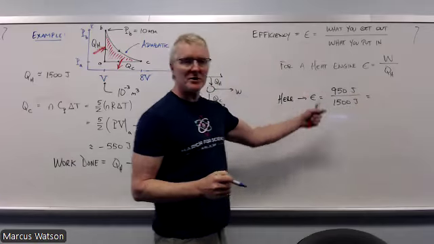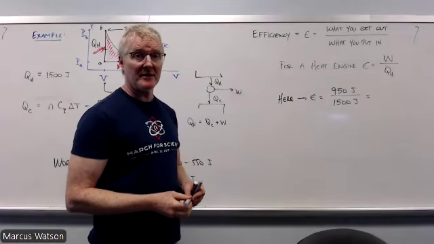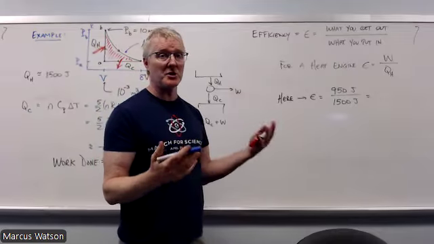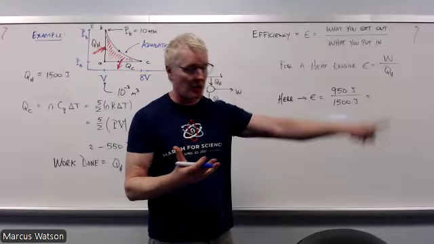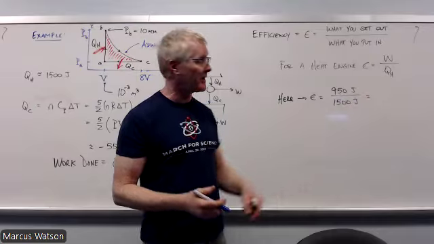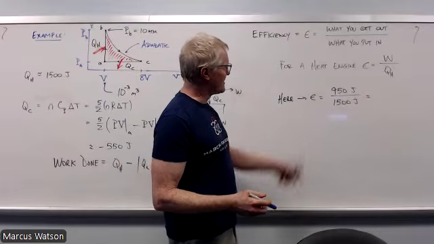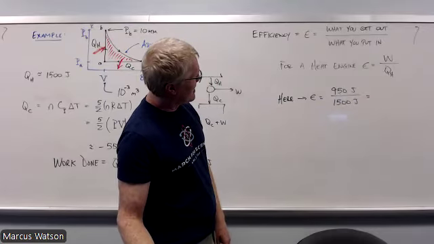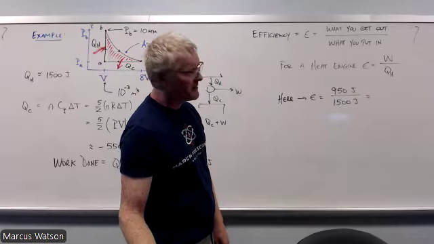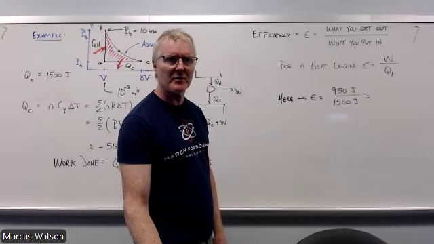You'll notice that the units are going to go away, which they should. The efficiency is simply a number. It's a ratio describing how much of what you're putting in is going into what you want. Okay? And this is going to be a number on the order of about 60% or so.